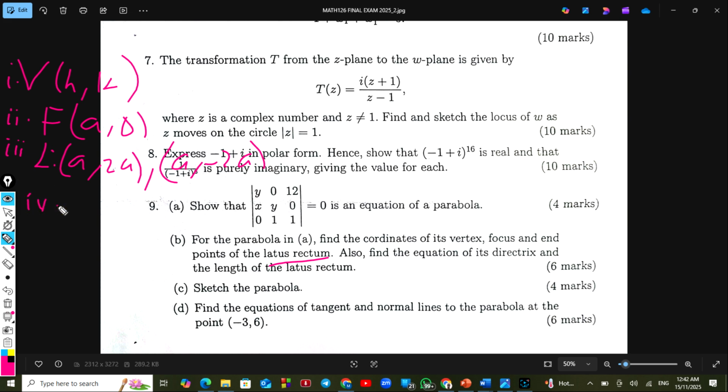We also need the equation of the directrix, D, and then the length of the latus rectum.